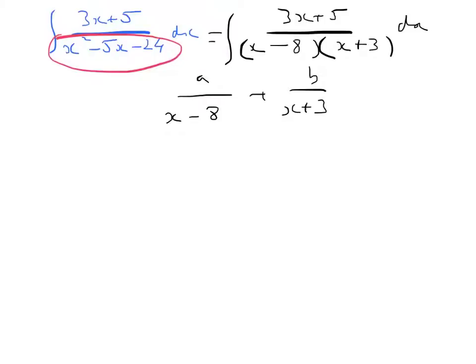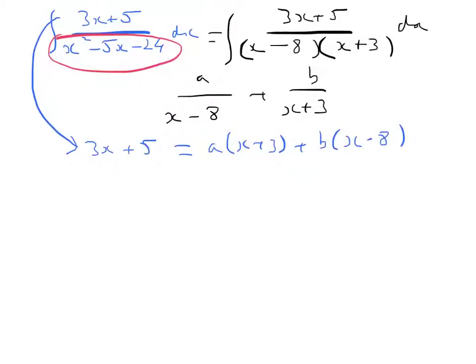Therefore, by lowest common denominator, we get 3x plus 5, which is the numerator here, has to equal a(x plus 3) plus b(x minus 8). So that was cross multiplying to come up with that as our numerator.